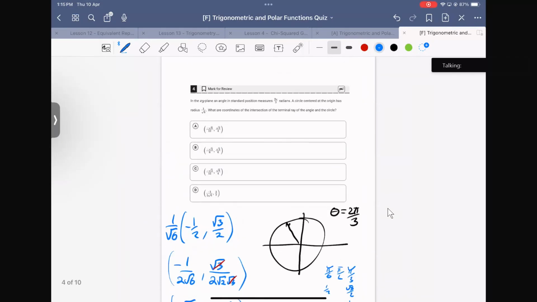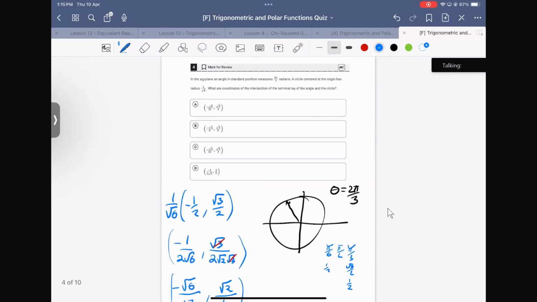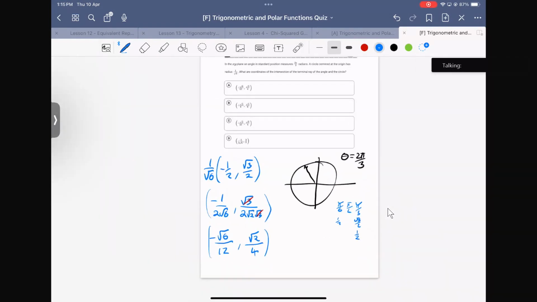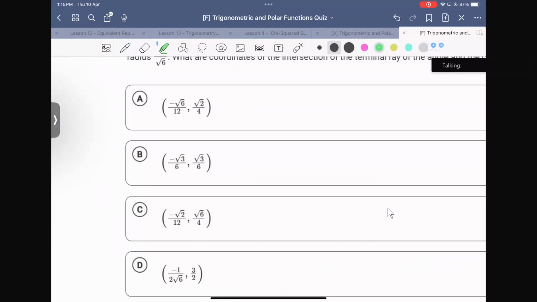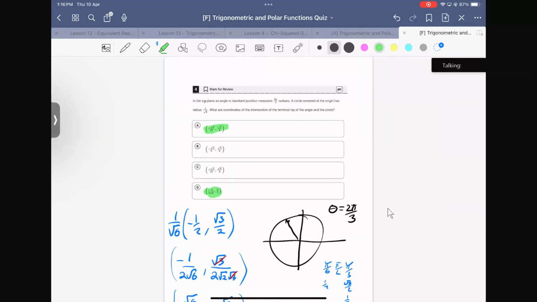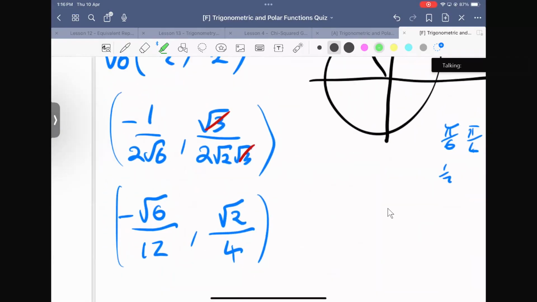Which question are we on? Question 4. I think it looks like the first one, doesn't it? Yeah. If it wasn't that one, I would probably take that one and rationalize it in order to see if it's hidden there as well. So it's best just to rationalize them all till you find the correct one.